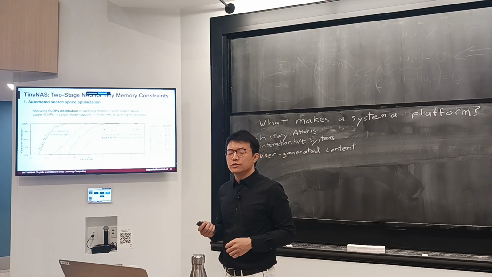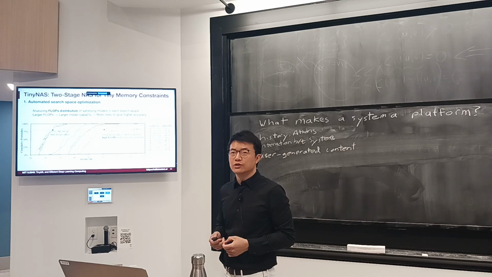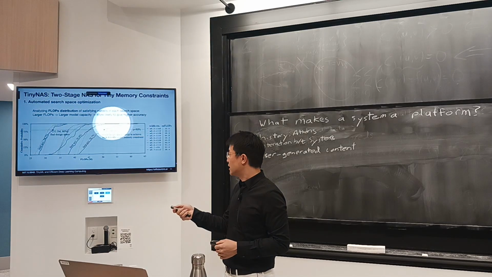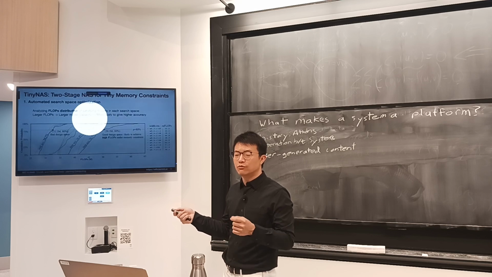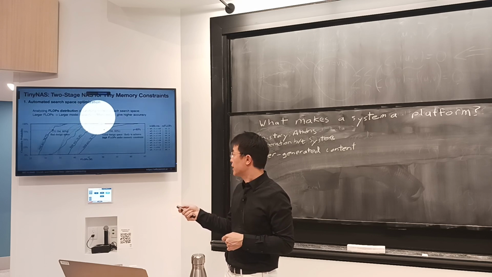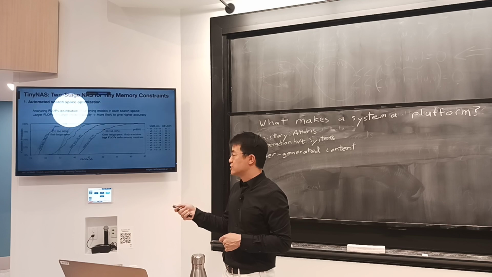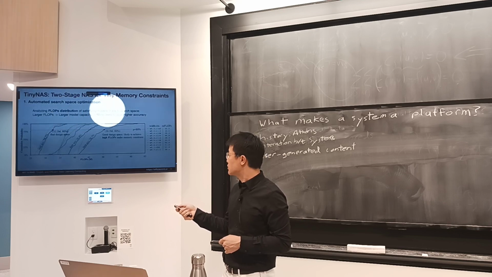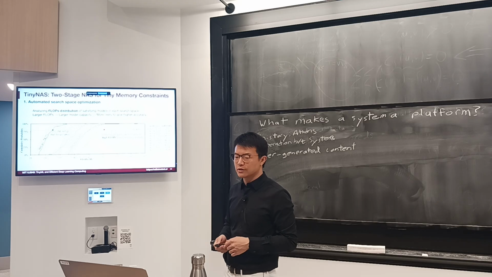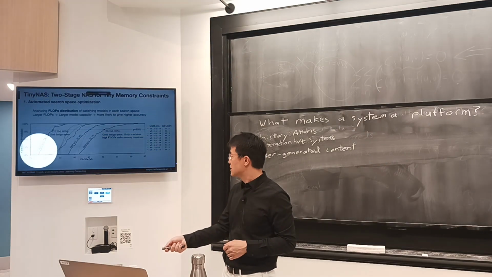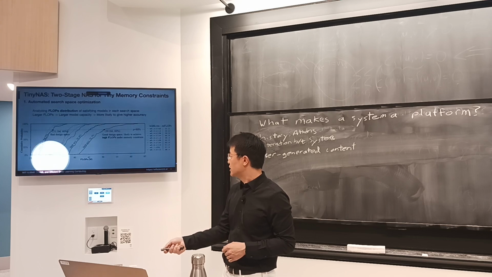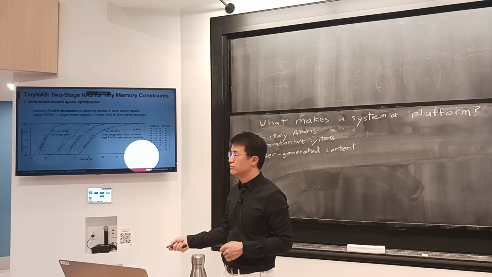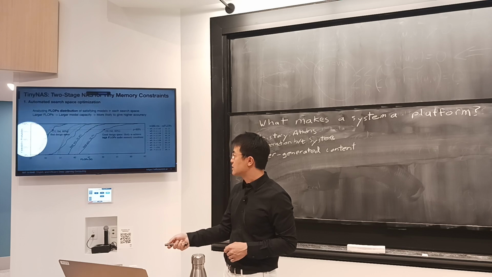So here is the algorithm for automated search space optimization. We want to analyze the FLOPs distribution. We have seen this figure before, but let's dive deeper today, analyzing the FLOPs distribution for satisfying models in each search space. Here, the x-axis is the number of FLOPs in the search space, and the y-axis is the cumulative probability.